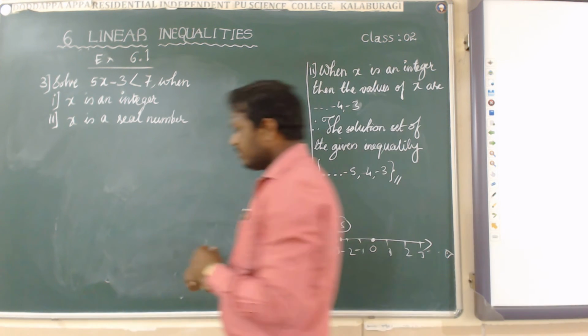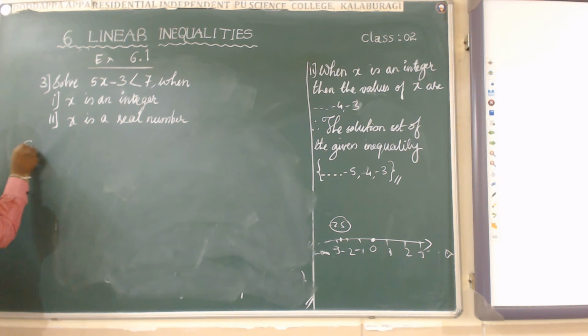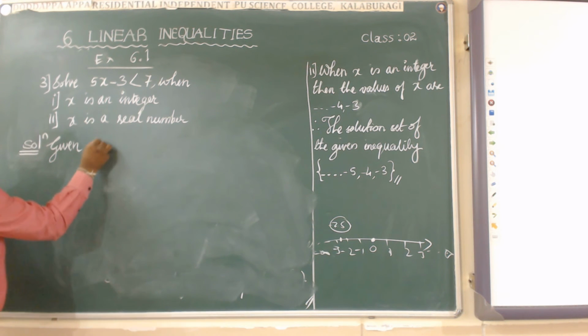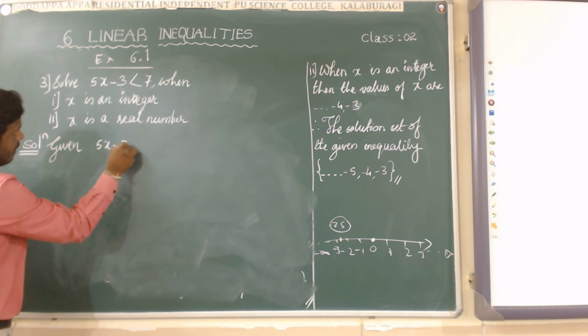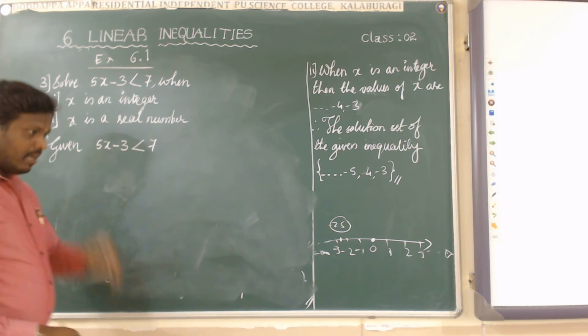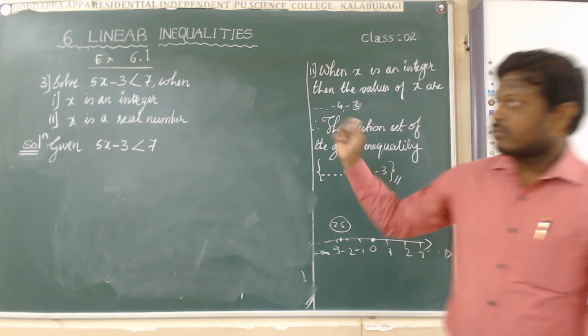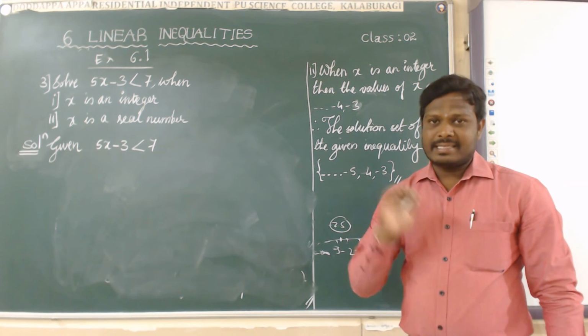Okay, let us come to the solution. I will write the given one first: 5x minus 3 is less than 7. Now I am going to remove the minus 3 from the LHS side.